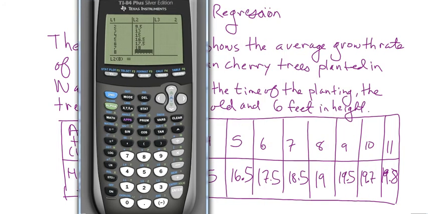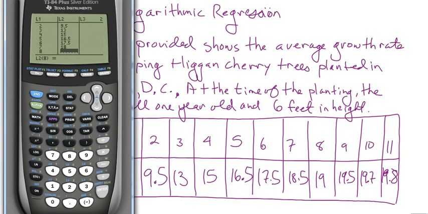Slide this over. Oops, that was 18.5. 19 for 8. 19.5. 19.7. So we can see that the growth is starting to level off, and enter this correctly, 19.8.